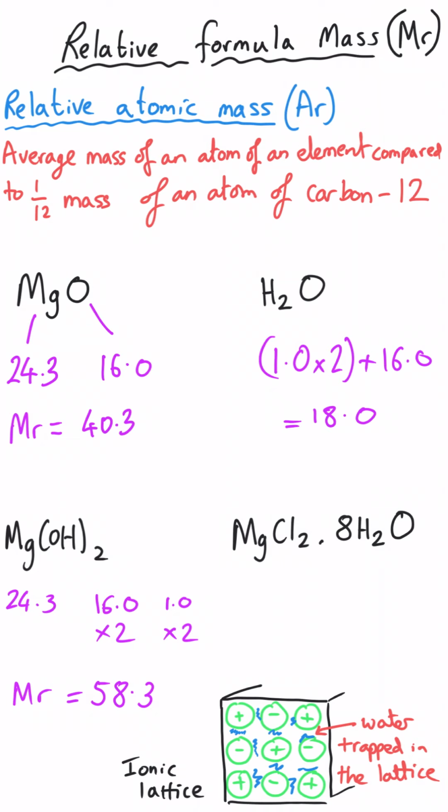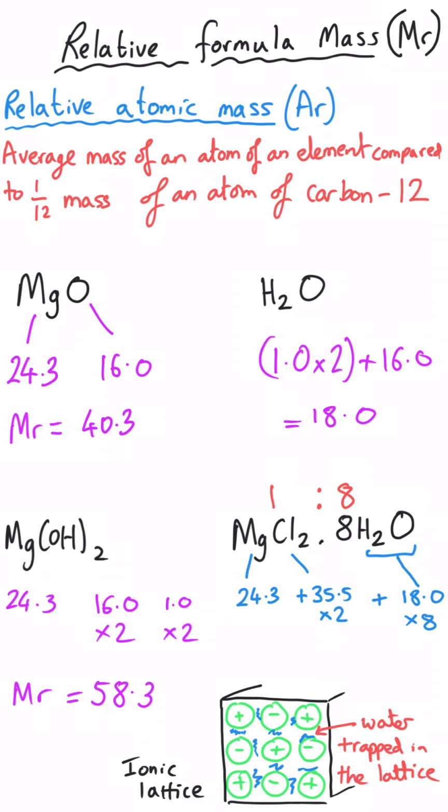What this formula is showing us is that for every 1 magnesium chloride, so that's 1 magnesium and 2 chloride, we get 8 water molecules, in a ratio of 1 of the ionic compound to 8 of the water. What that means in terms of the MR is actually very little. It means that we need to take the 24.3 for the magnesium, add it to the 2 lots of 35.5 for the chlorine, and add that to the 8 lots of 18.0 for the water.